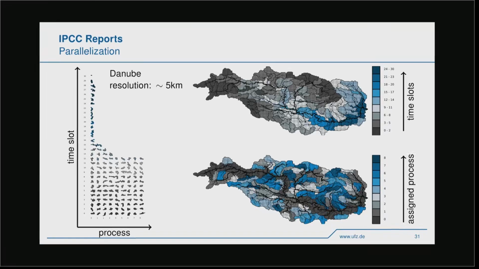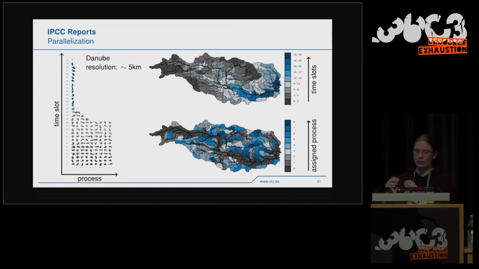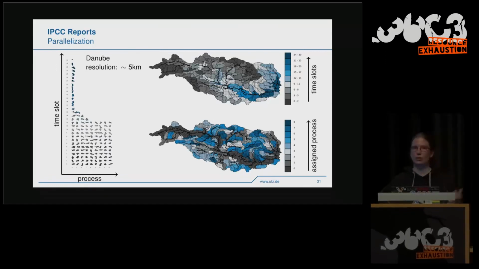And if we parallelize these, we need to calculate the sub-river domains that are farther away from the sink first. And you see that in the first graph a little. So the grayish areas are calculated first, and then it goes down farther to the sink. So just to tell you what I do.